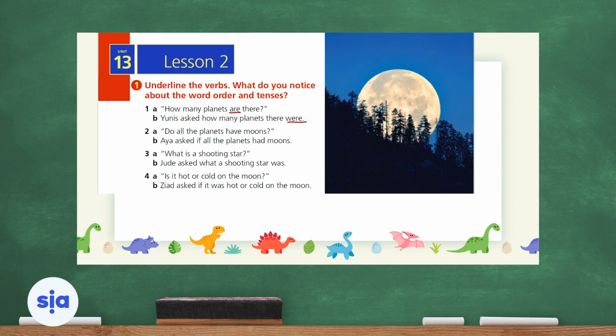Ziad asked if it was hot or cold on the moon. So in the first part, it is a question and it is using the present tense, whereas the second part is using the past tense and it is a reported statement or reported speech. Okay, guys, I want you to look at the difference here.